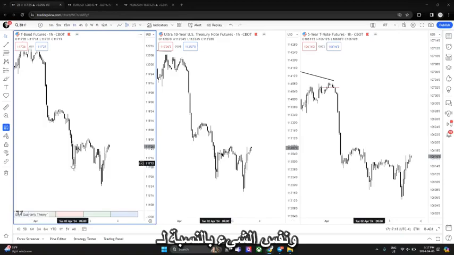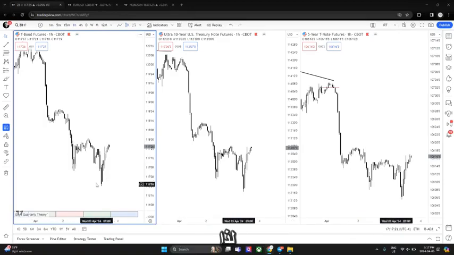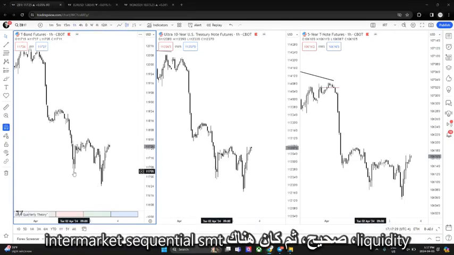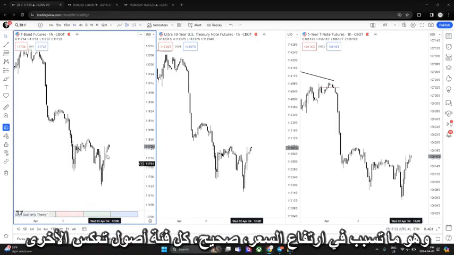And the same thing for here. So this took the liquidity below here, and this was real liquidity. And then there was intermarket sequential SMT, which is what caused price to rally.